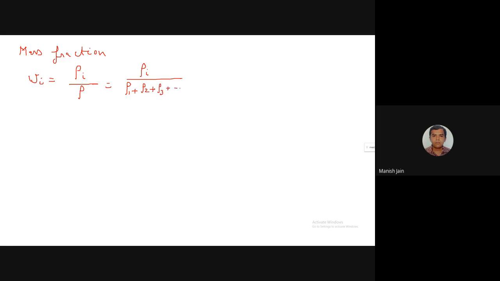In chemical calculations, heat and mass balance, you have studied all these quantities. Or rho i divided by summation of rho i from i equal to 1 to n. This is the mass fraction.